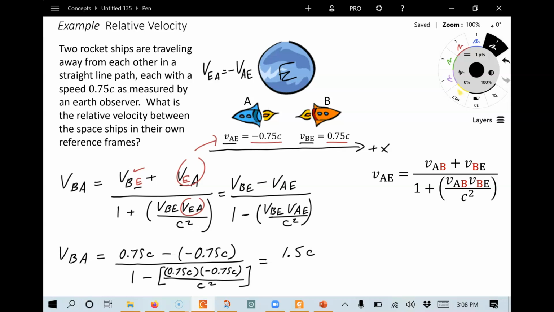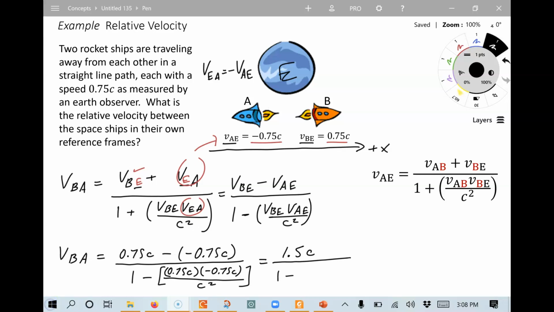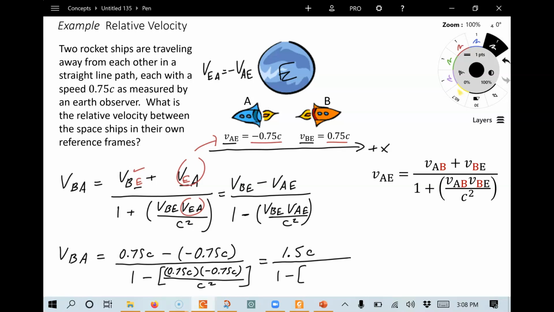Of course, that's not right. Nothing can exceed the speed of light. Here's where Einstein's correction comes in to make things always less than the speed of light. So 1 minus, we multiply the 0.75 times the negative 0.75, and we're going to come up with a value of negative 0.5625 c squared divided by c squared. The c squareds cancel.